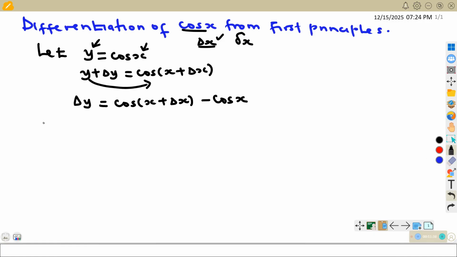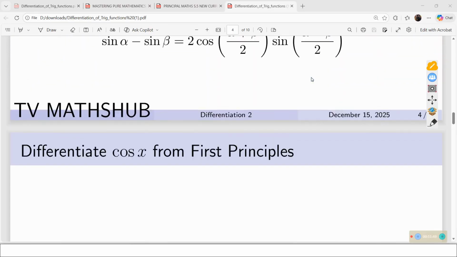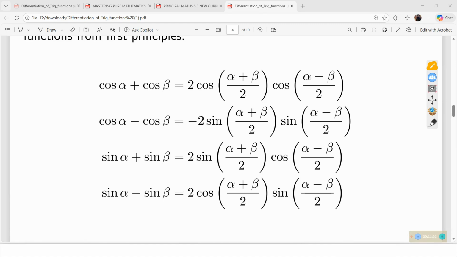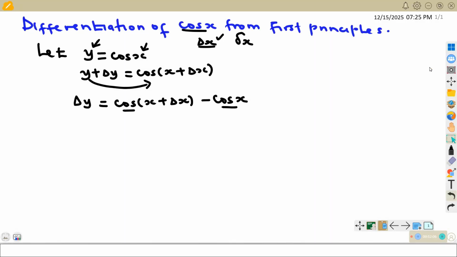From this given point, you realize this is cos minus cos. From what we talked about, that is what we call the factor formula. If you have cos minus cos, you expect to have minus 2 sine of this angle plus this one divided by 2, sine of this angle minus this divided by 2. So that is what we shall employ.